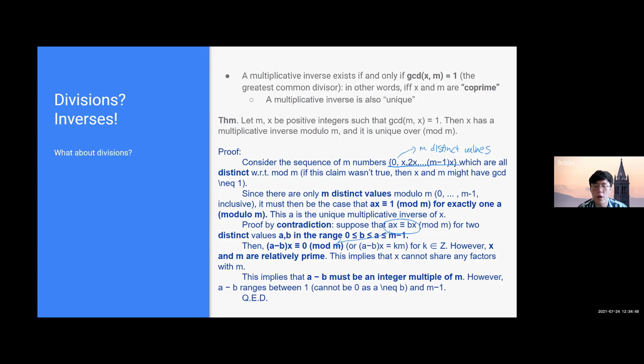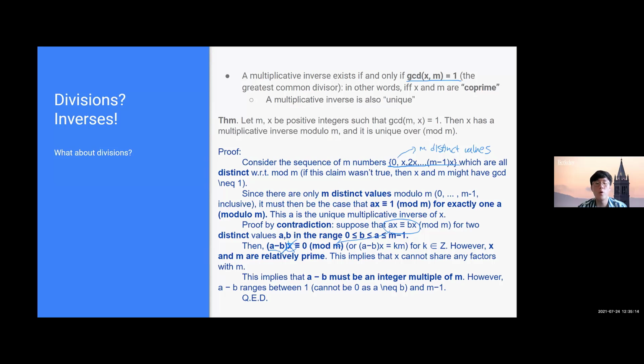However, you already know that x and m are relatively prime, because that's what we defined. The greatest common divisor being 1 means they are relatively prime. So x cannot share any factors with m, which implies that the difference must also be an integer multiple of m.